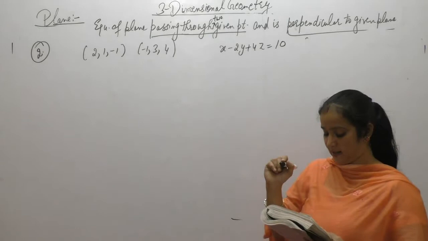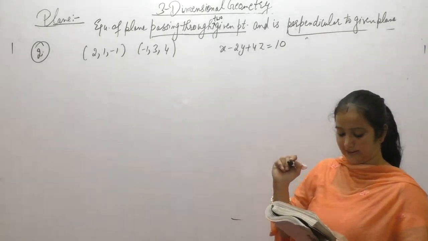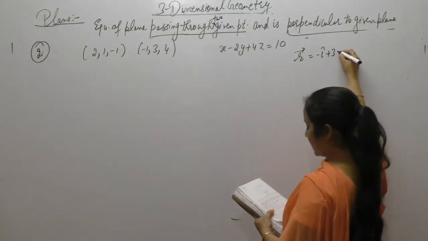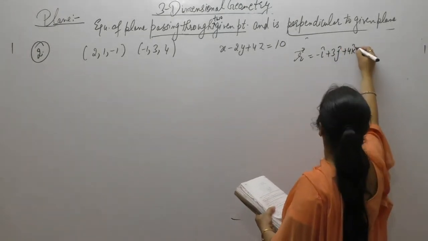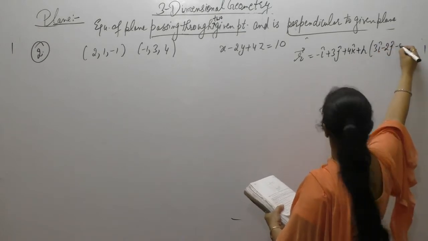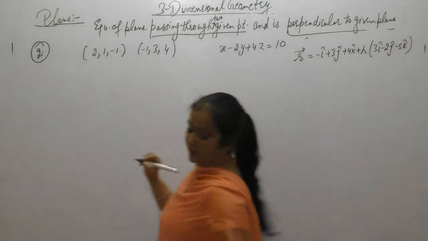Also show that the plane thus obtained contains the line r vector = -i + 3j + 4k + lambda (3i - 2j - 5k).